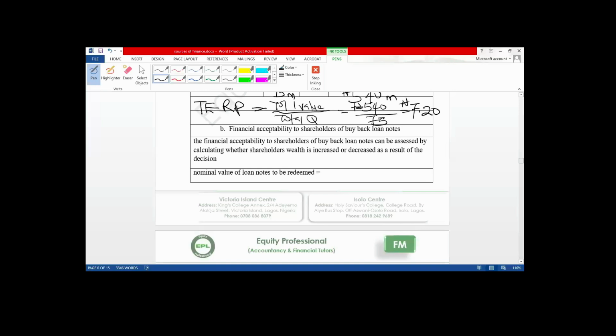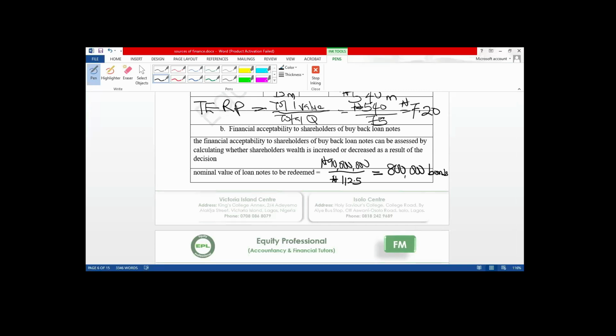Okay, look at it here. I've gotten 90 million. I can buy one bond at 112.5. How many bonds can we repurchase? 800,000 bonds. That is the number of bonds you can repurchase.